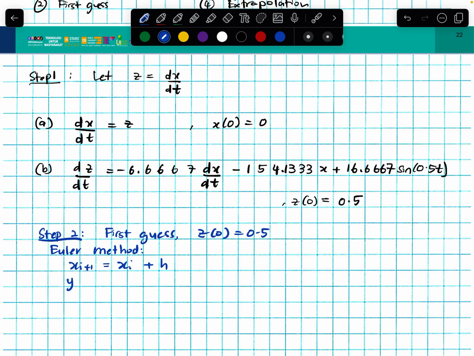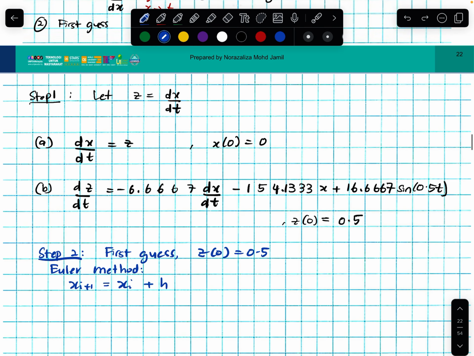Since your y should be replaced by x and your x should be replaced by t, here I will write the original one first, and then we can manipulate it to adapt to our case.